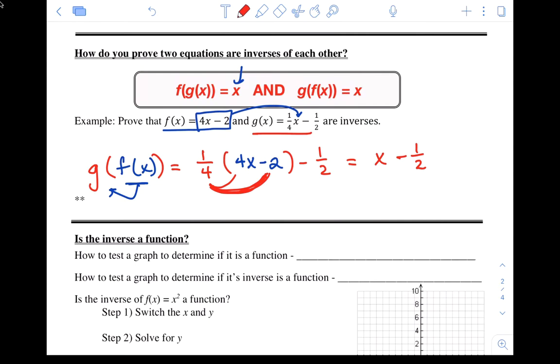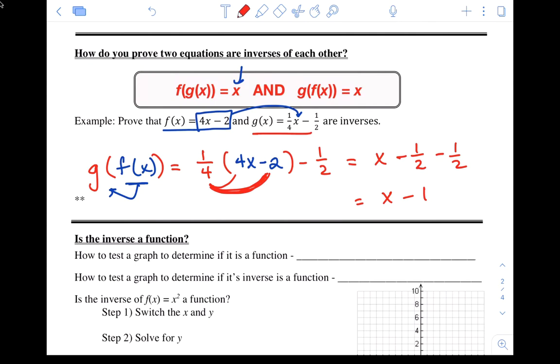And then we have this extra negative 1/2. So when I simplify this function, those don't cancel out. Those don't zero out. I have a negative 1/2 and a negative 1/2. That's going to be negative 1. I don't get there. It doesn't get just plain x.